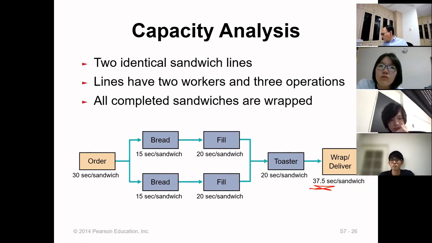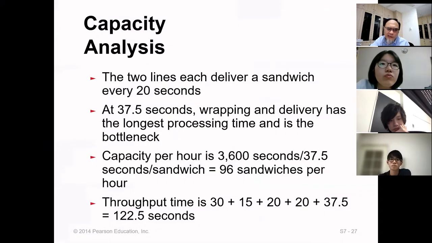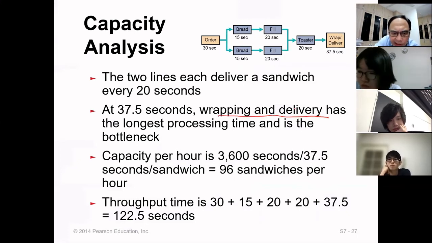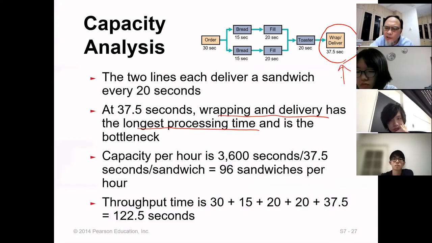For throughput time, each assembly is identical, so we just total up the time for this process. The two lines each deliver a sandwich every 20 seconds. At 37.5 seconds, wrapping and delivery has the longest processing time and is the bottleneck. Bottleneck means problem area.